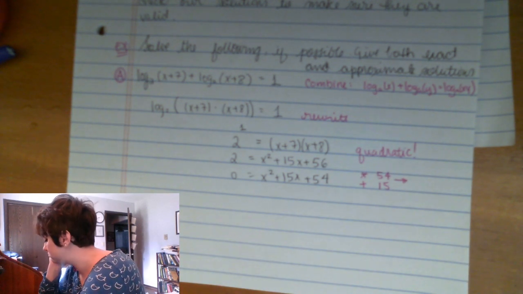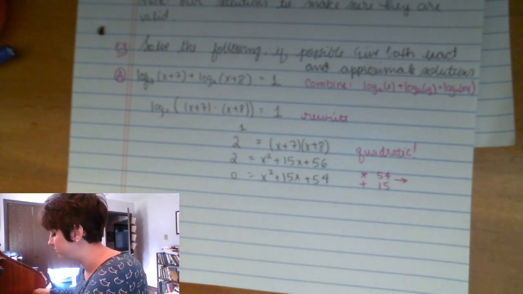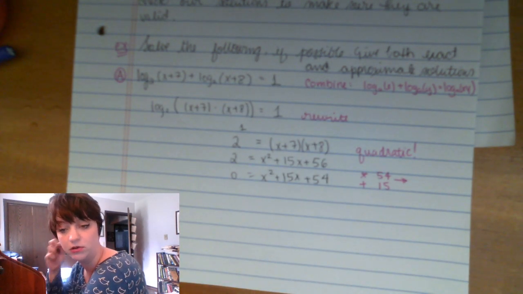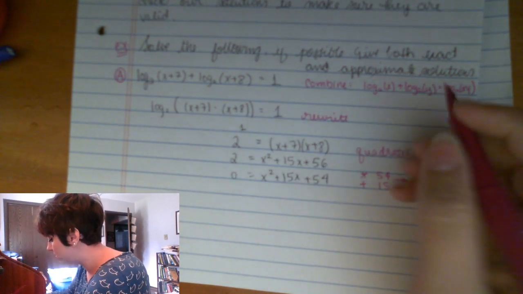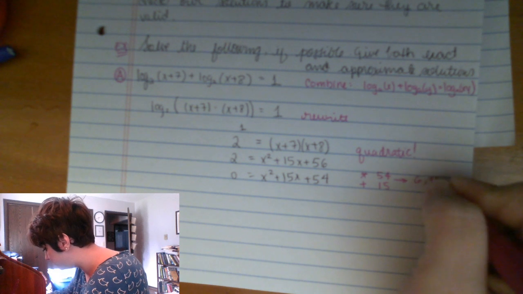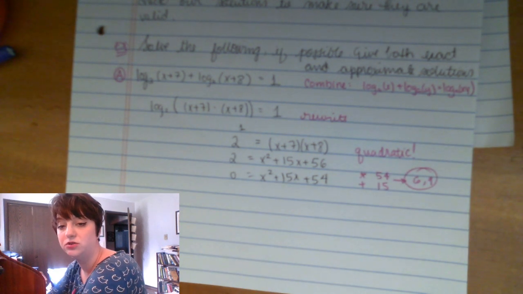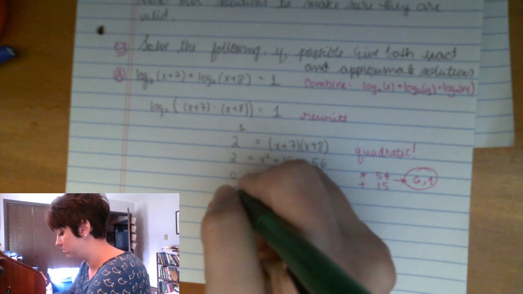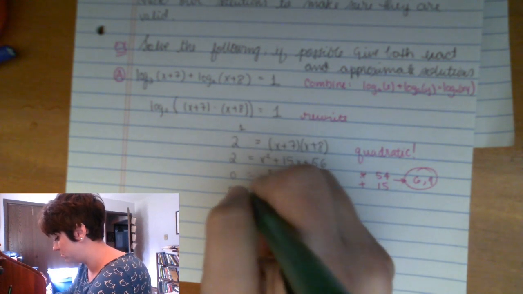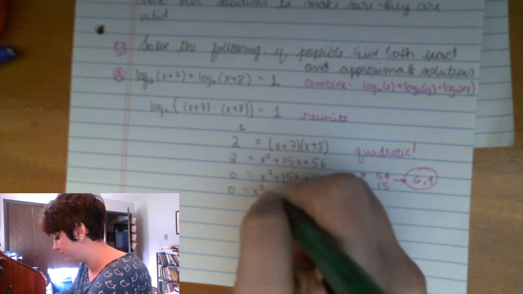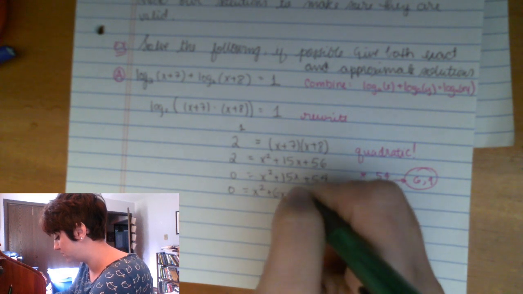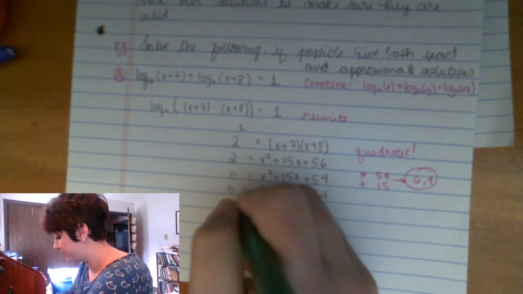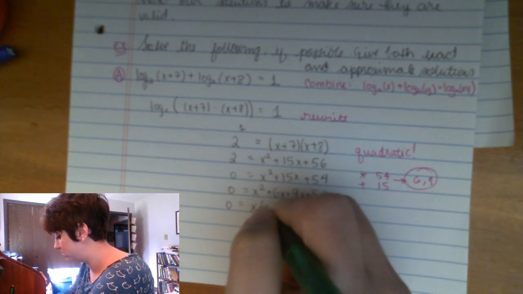So I don't know factors of 54. Oh, 6 and 9 would work, right? Here I said I didn't know factors of 54, and I did. Okay, so 6 and 9. So you rewrite your middle term as plus 6x plus 9x plus 54. Factor by grouping.